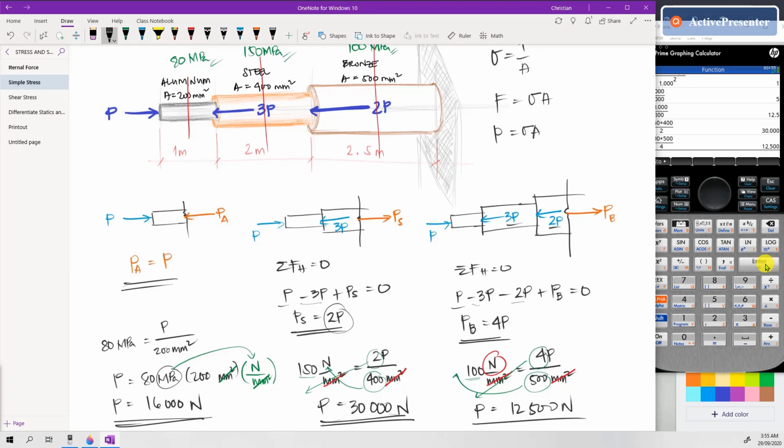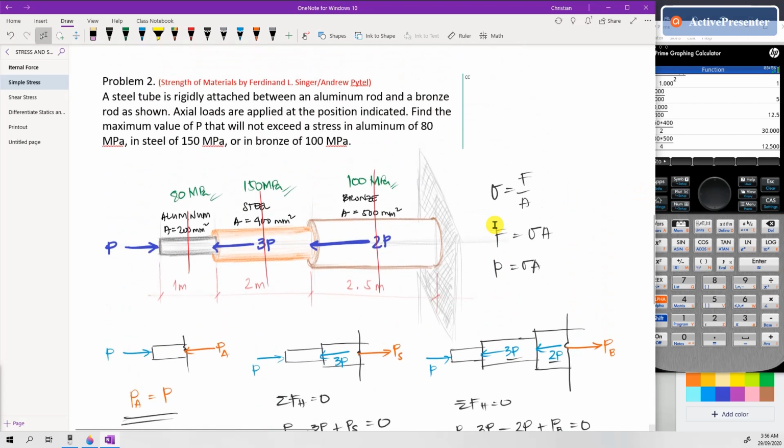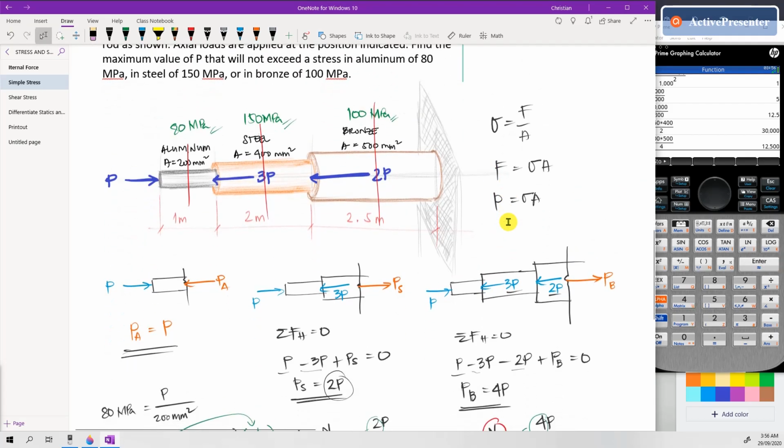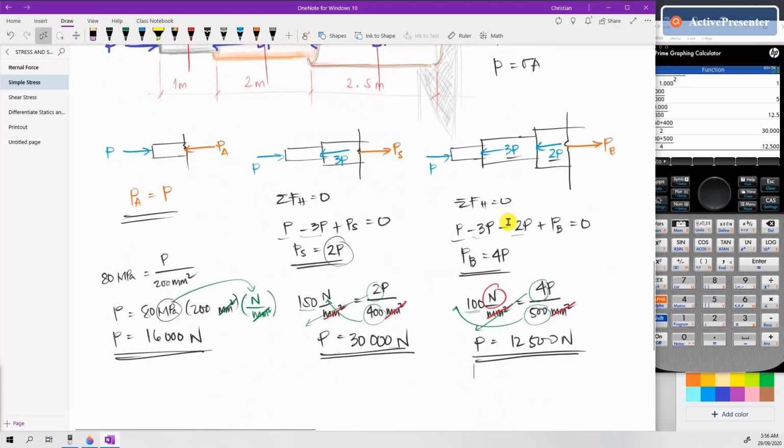Okay, so again, ang question is, what is the maximum value of P? So, para hindi tayo mag-exceed dun sa allowable stress ng lahat ng materials natin. Then, of course, if gagamitin mo yung 30,000 dito sa bronze natin, then yung stress natin will be much greater than sa allowable na 100.